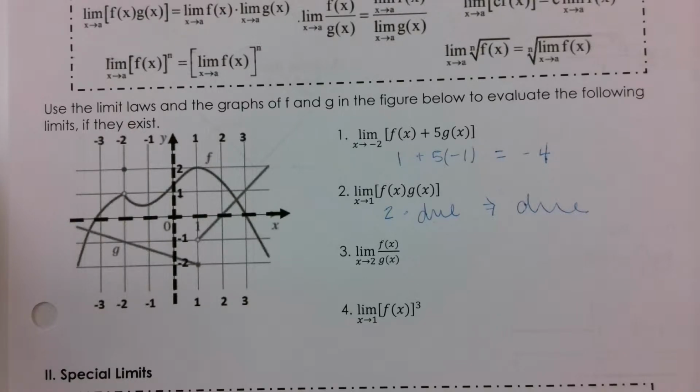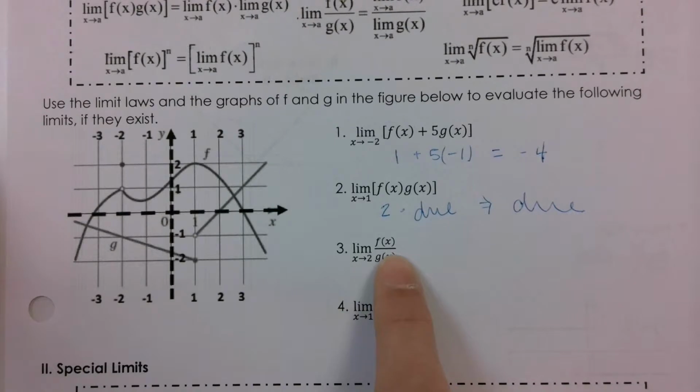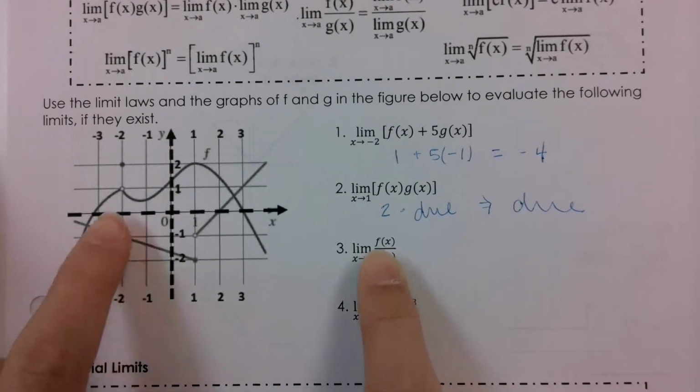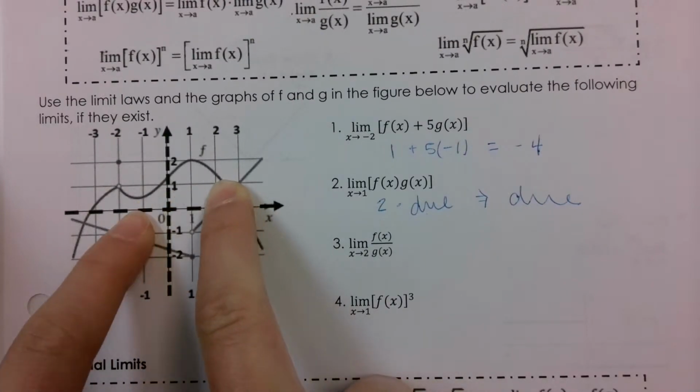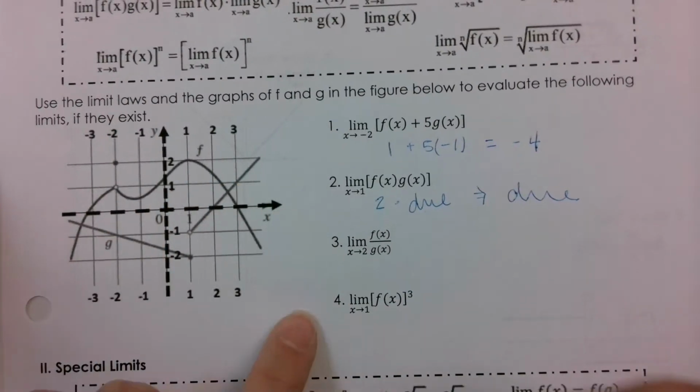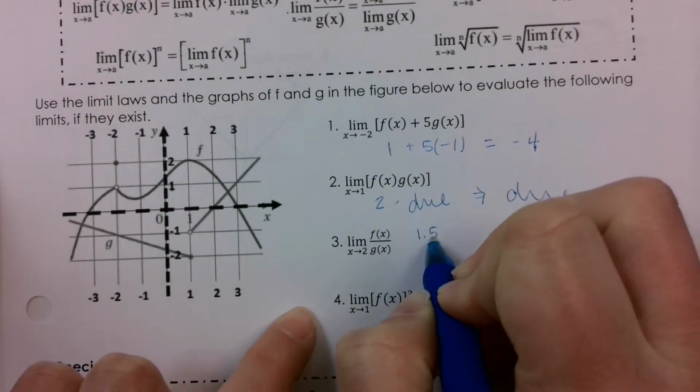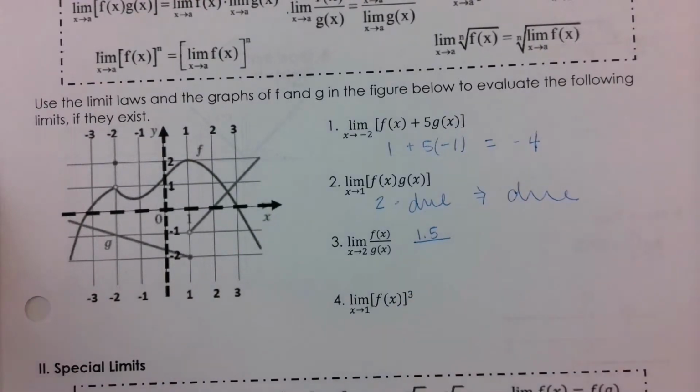All right. So for number 3, we're just going to divide. So the limit as x approaches 2 of f of x is kind of in between. What do y'all think? 1.5? We're going to have 1.5 divided by the limit as x approaches 2 of g of x.